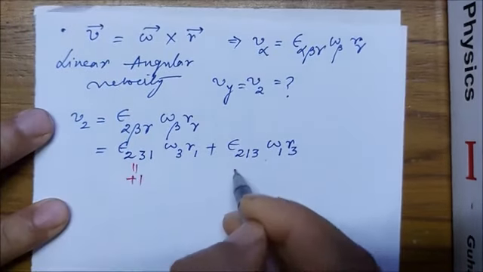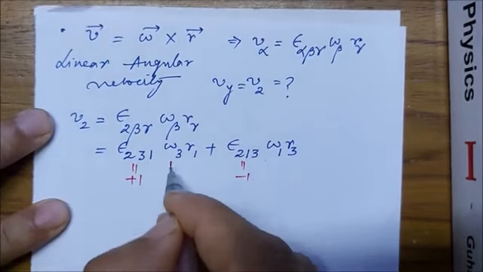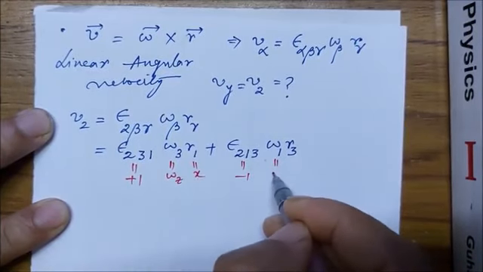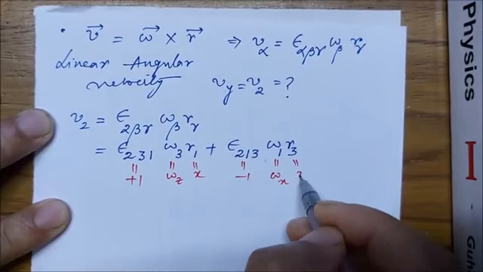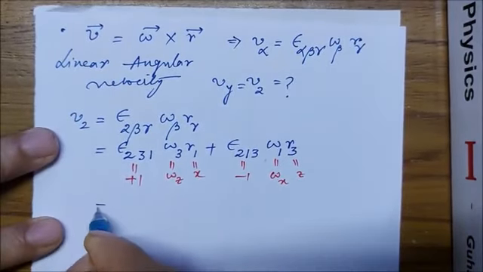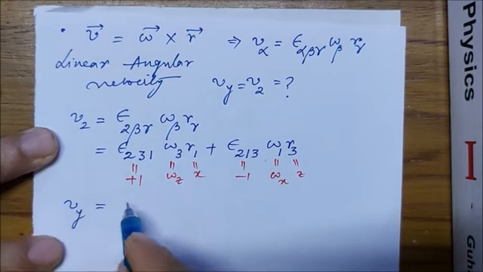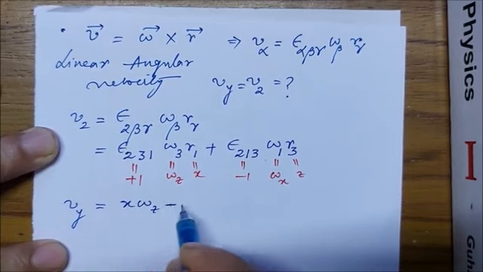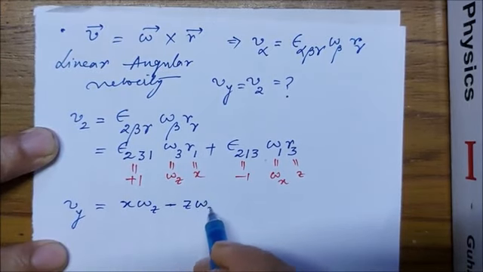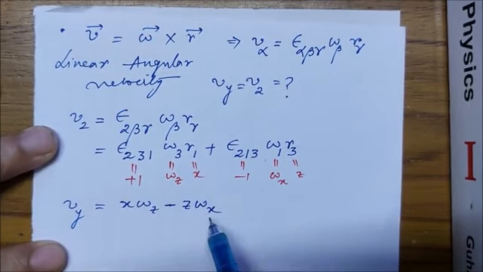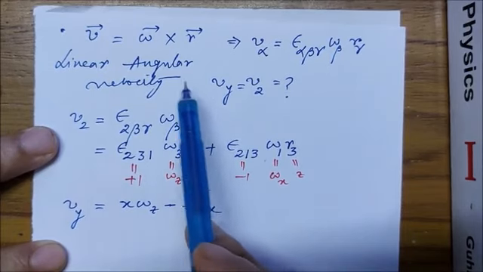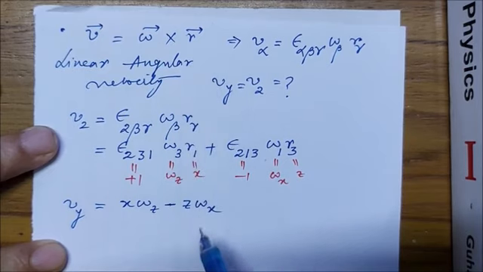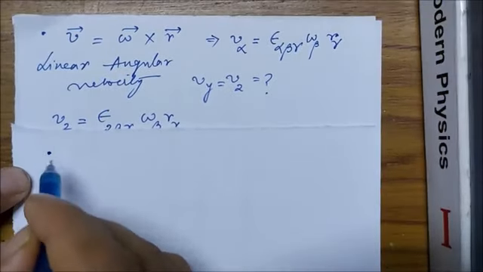Now this is plus 1, this is minus 1, this is omega z, this is x, this is omega x, and this is z. So what we end up with is Vy equal to x omega z minus z omega x, as can be verified from the cross product of omega cross r in determinantal form. Let us give example of two more vectors.